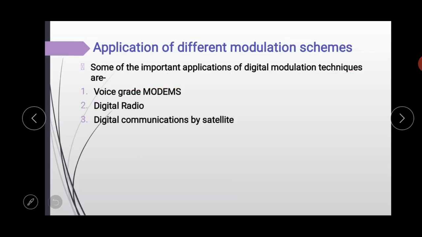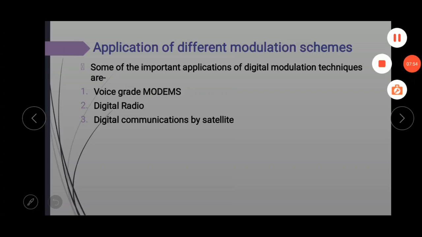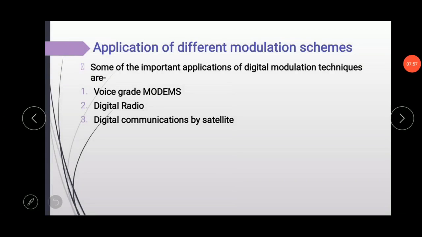Next is the application of different modulation schemes. First one is the voice grade modems. The channel bandwidth of a telephone cable is 300 to 3400 Hz. The telephone line is used as a medium for the widely spread composition of networks, but it is necessary to convert the digital data into an analog signal so as to transmit it over the telephone line.